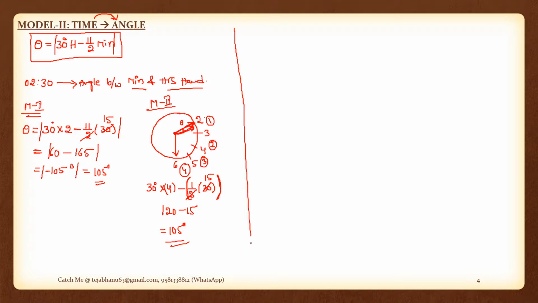Now, have a look. I want the angle at 10:40. Theta is equal to 30 degrees into 10 minus 11 by 2 into 40.